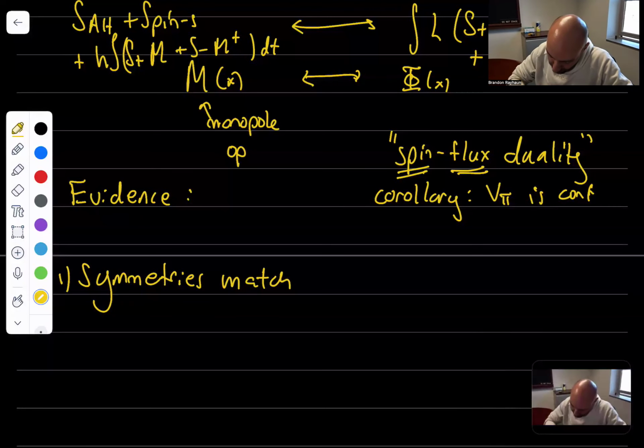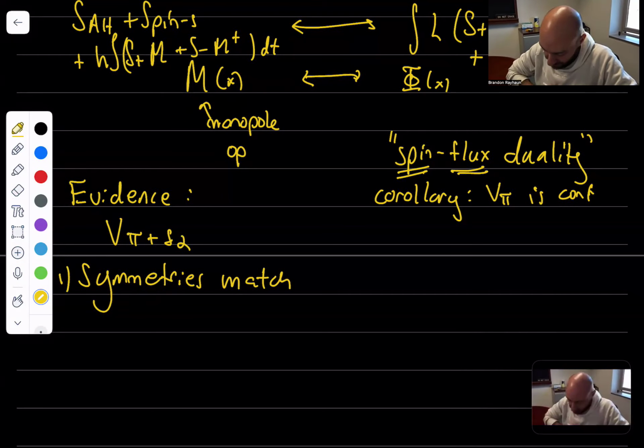Let's parameterize the vortex lines as pi plus some deviation delta alpha away from pi of the holonomy.